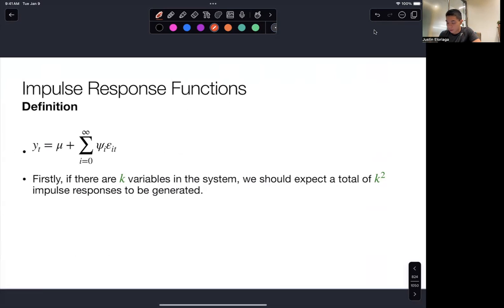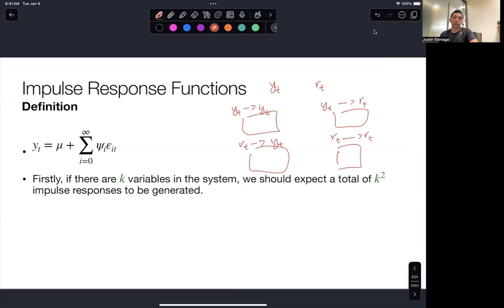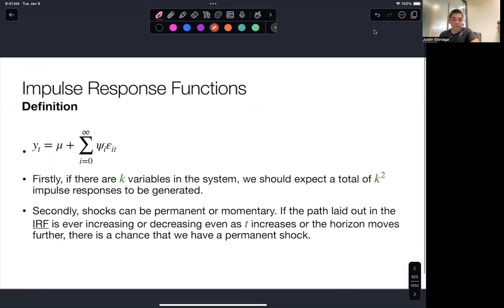For example, in a 2-variable system, YT and RT, we should expect a response of YT to YT, YT to RT, RT to YT, and RT to RT, right? So we have 4 IRFs that will be plotted in the system.